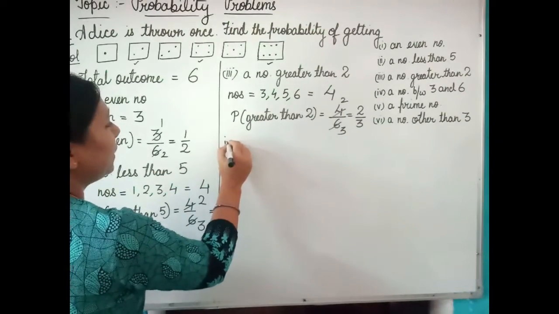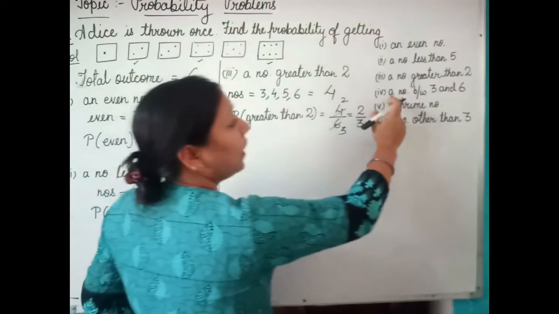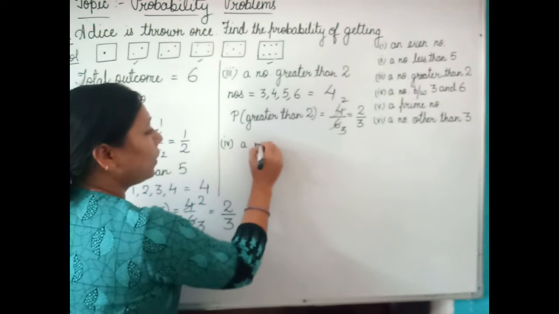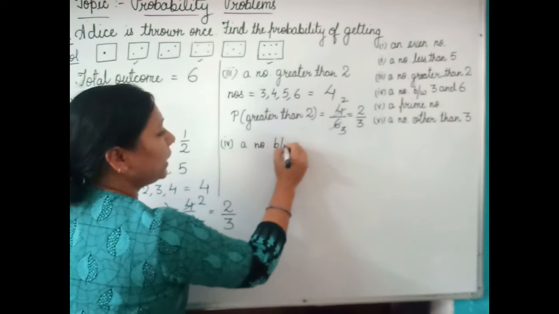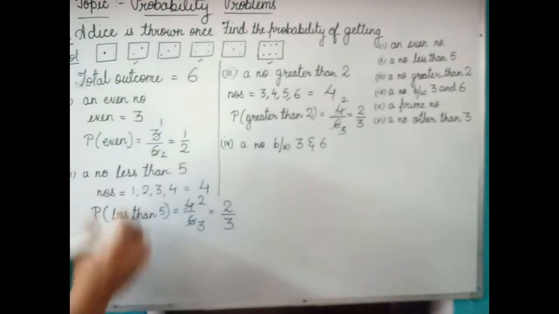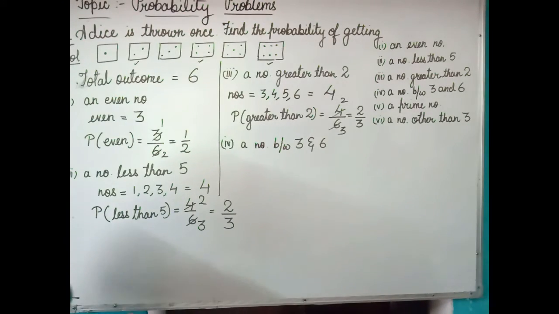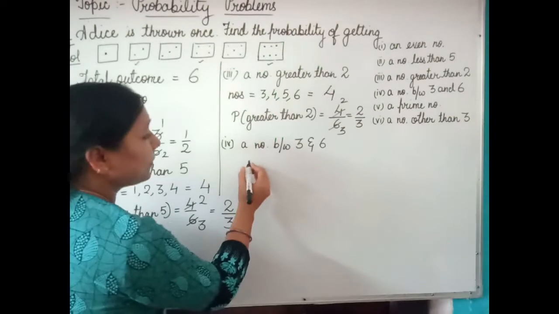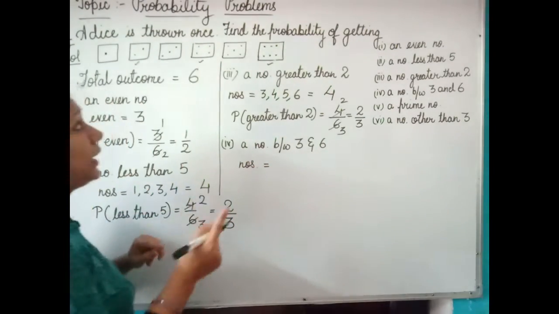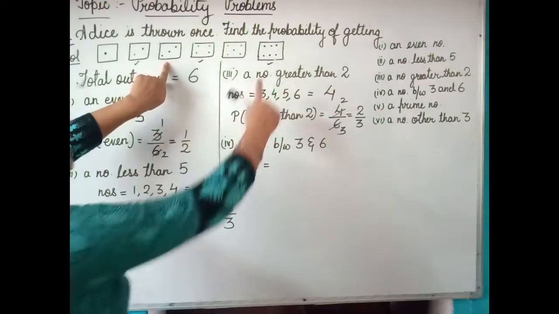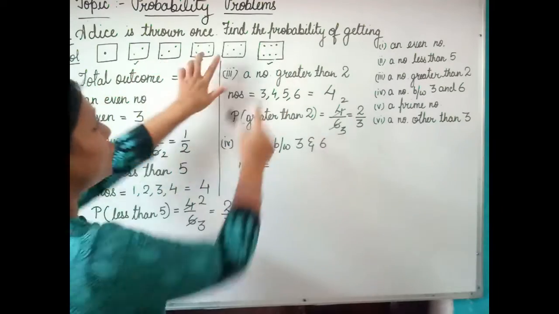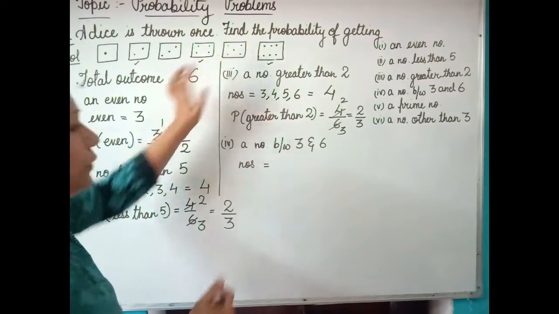Coming to the fourth part, which is a number between 3 and 6. What we want is a number between 3 and 6. What are the numbers between 3 and 6? Between 3 and 6 means 3 and 6 are excluded. So we have only two values.